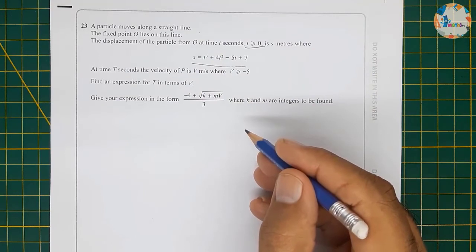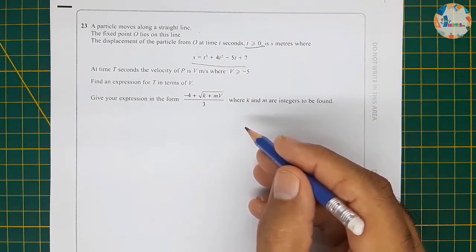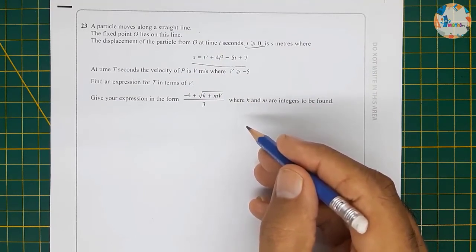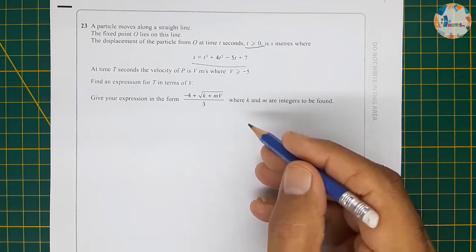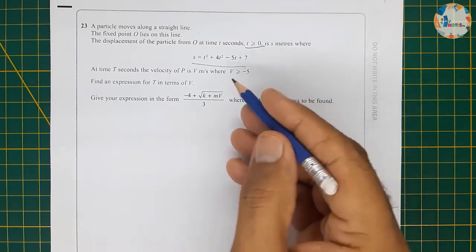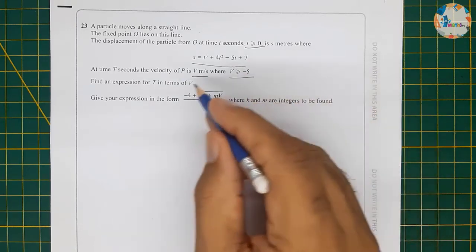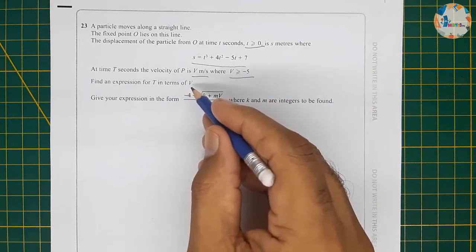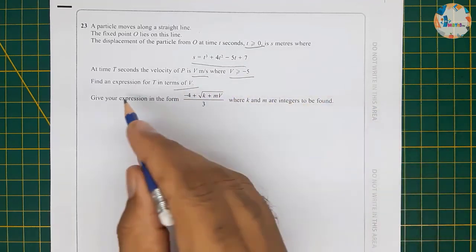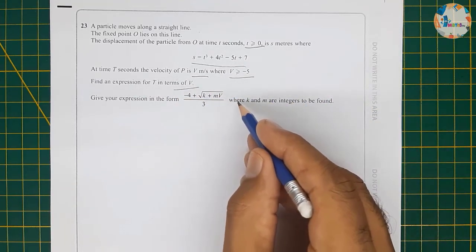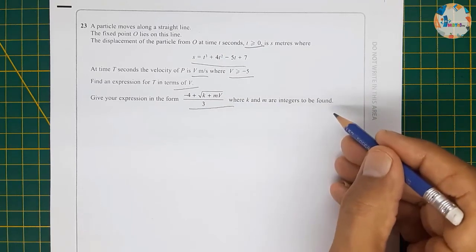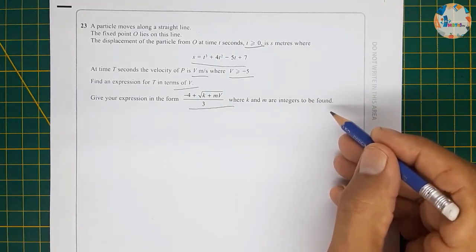So they have given us the displacement equation at time t seconds. The velocity of P is v meters, where v is greater than or equal to -5. Find the expression for t in terms of v.